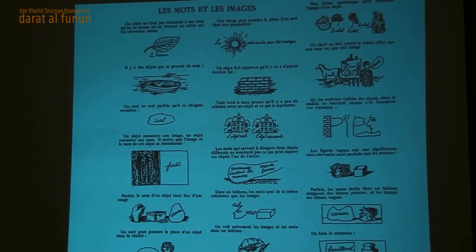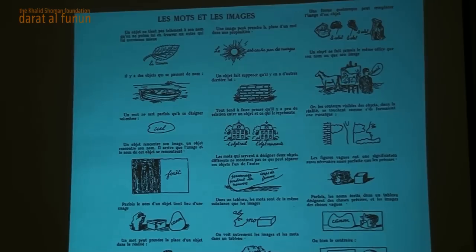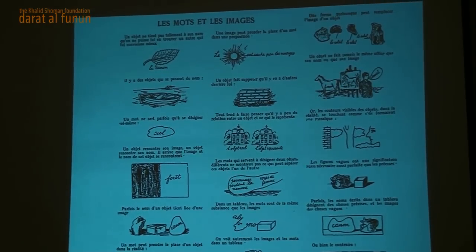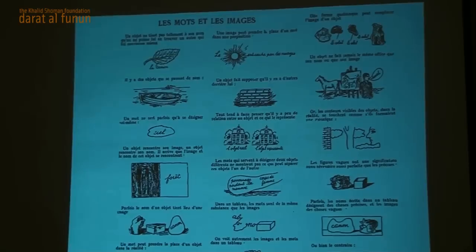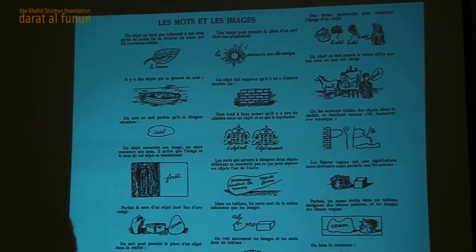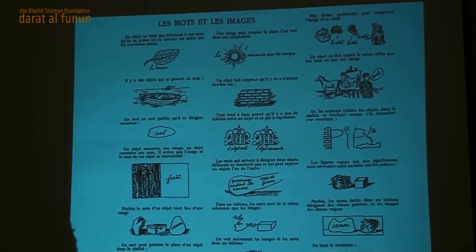There are objects that don't need a name. Il y a des objets qui se passent de nom. They don't need a name. An object meets its image, and an object acquires its name.